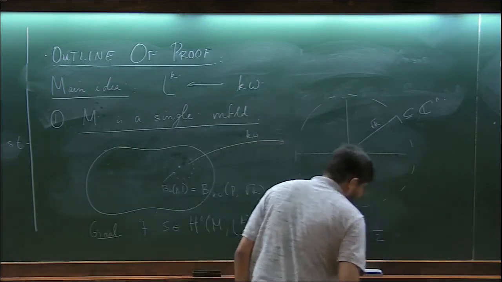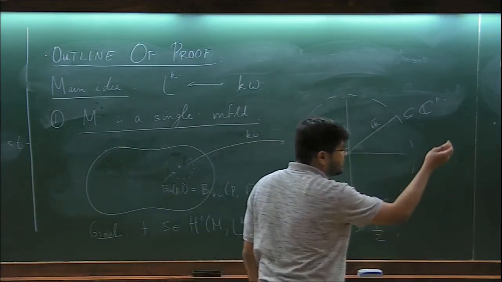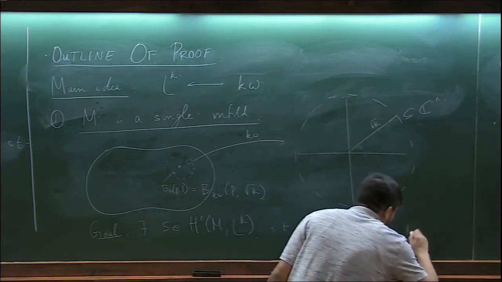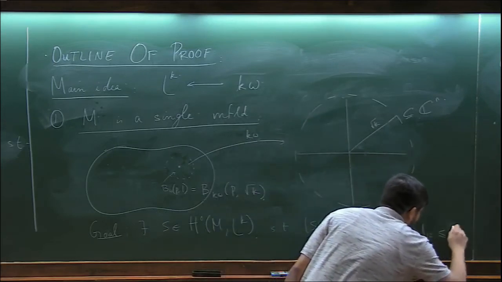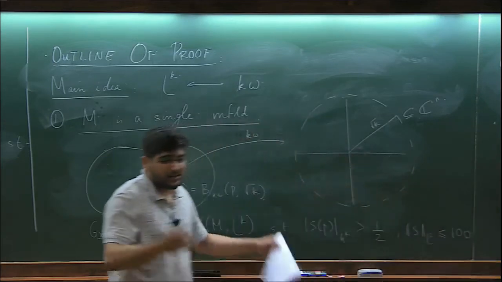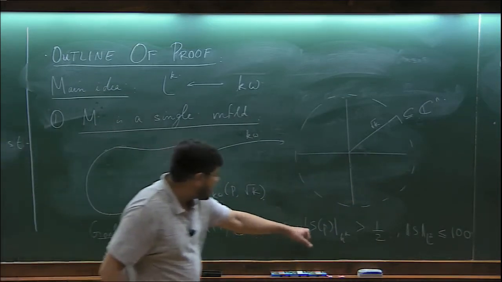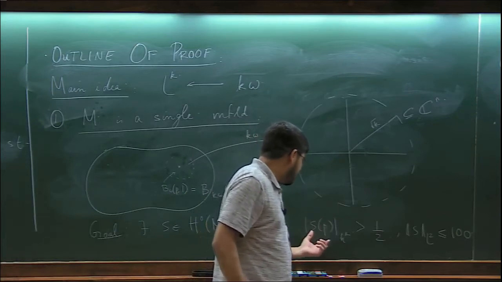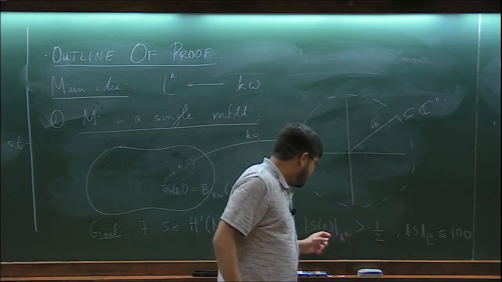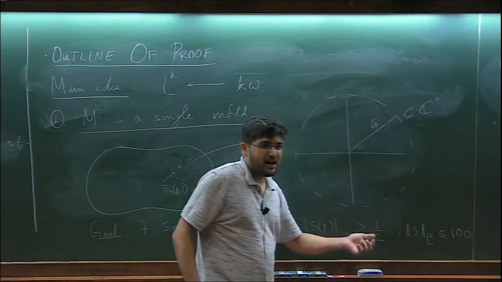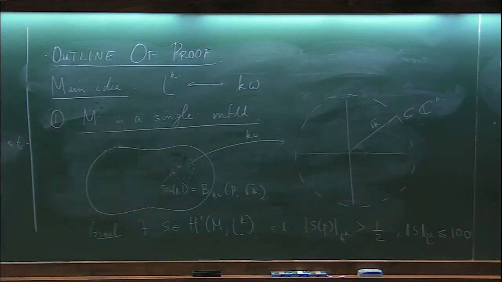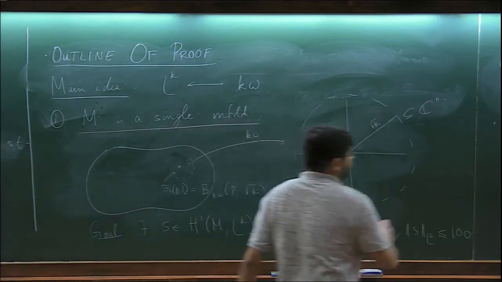I also want the L2 norm to be 1, but it's enough if I manage that the L2 norm is smaller than, let's say, 100. Then once I rescale this section, the value is bigger than maybe 1 by 200 or something, right? So that's the goal.